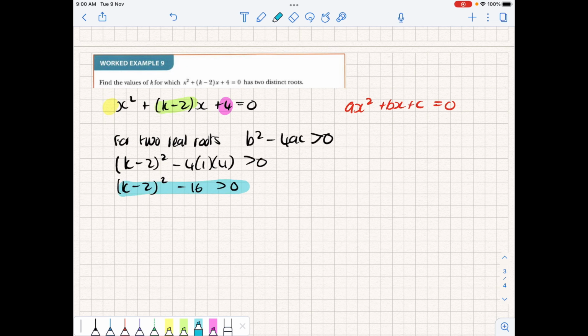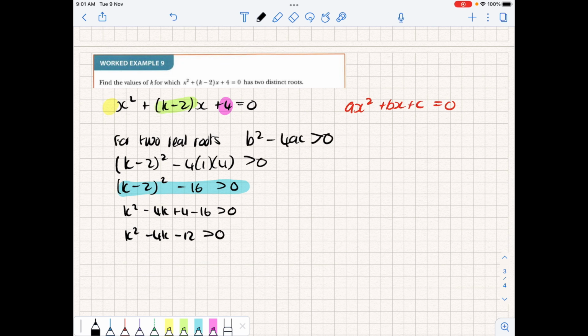We're going to solve this just like we would solve any other quadratic inequality. We're going to expand and factorize: k squared minus 4k plus 4 minus 16 greater than 0. Collecting like terms, we get k squared minus 4k minus 12 greater than 0.